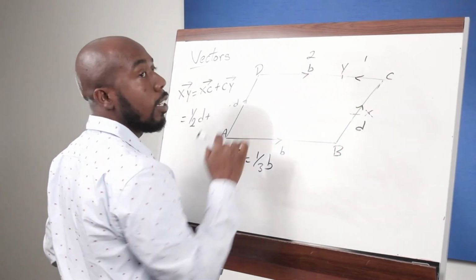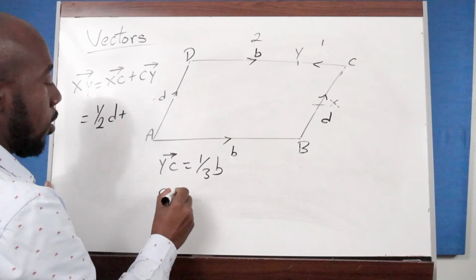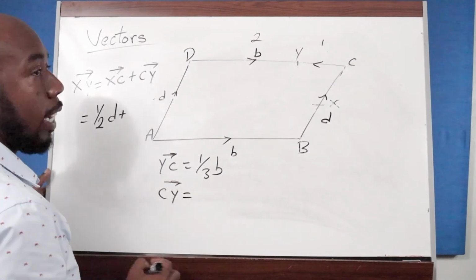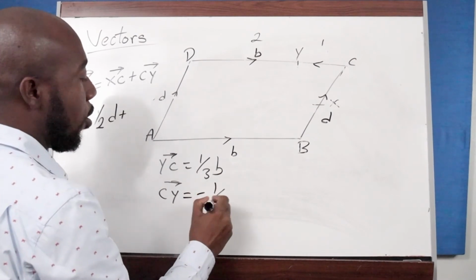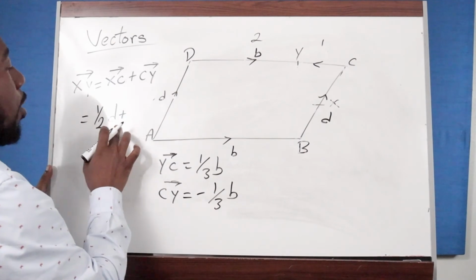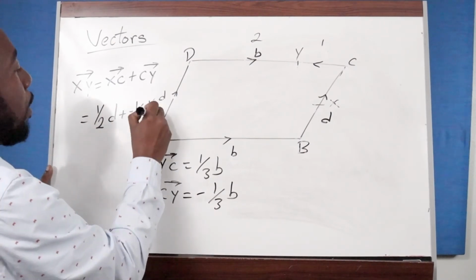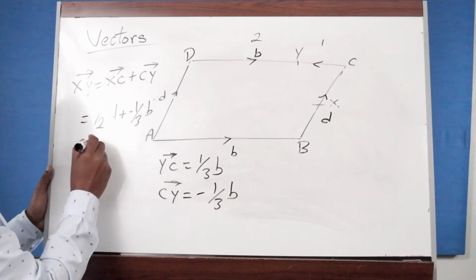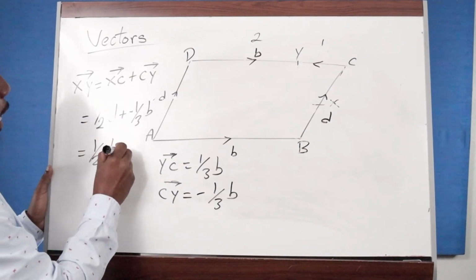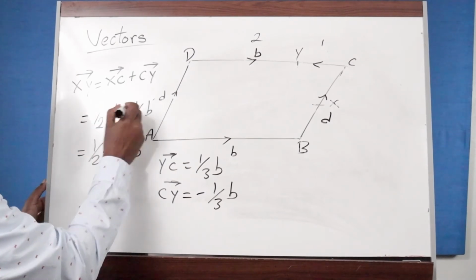But we are going from c to y, so we're going in the opposite direction, so it becomes -1/3 of b. So this here becomes a half of d plus -1/3 b, which is the same thing as writing a half of d minus 1/3 b, because the plus and the minus.